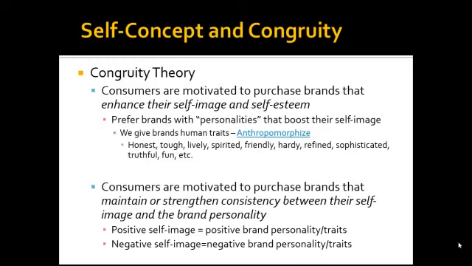So if I think I'm a rugged, tough guy because I coach football, then I would probably buy a car that also had the personality of being rough and tough. Maybe a Jeep. Maybe I'd buy a truck.